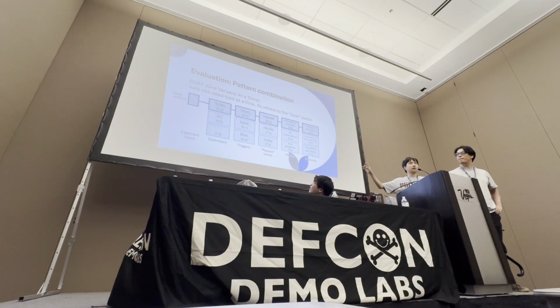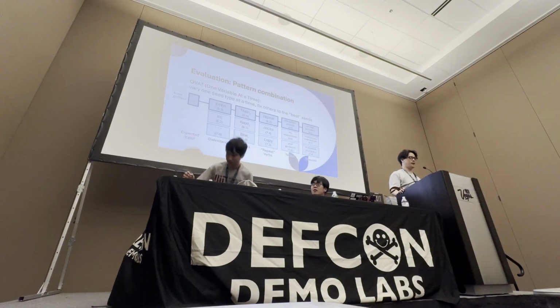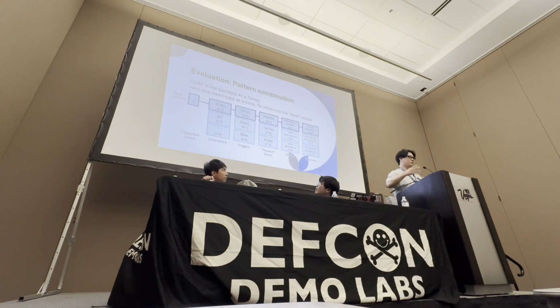So we tried a lot of different combinations, and this is one. When we create a prompt injection pattern, there's no standard way to create it. So I tried to make a standard way, and I found that having the delimiter here seems to work better, and then we can have an exploit.